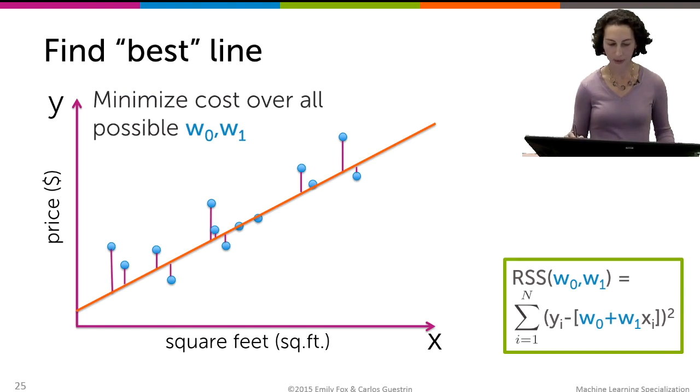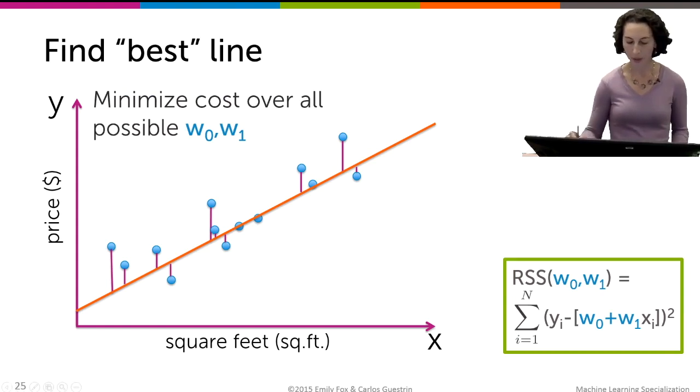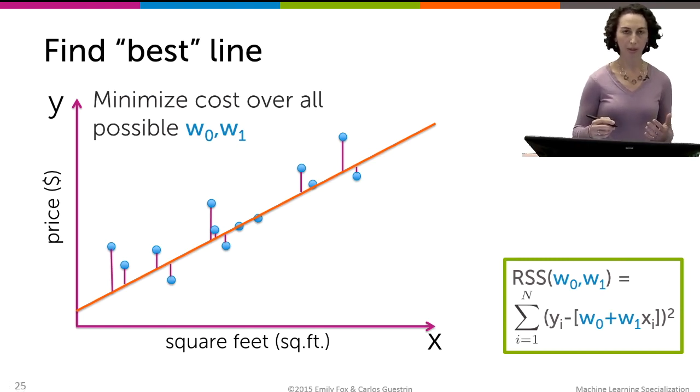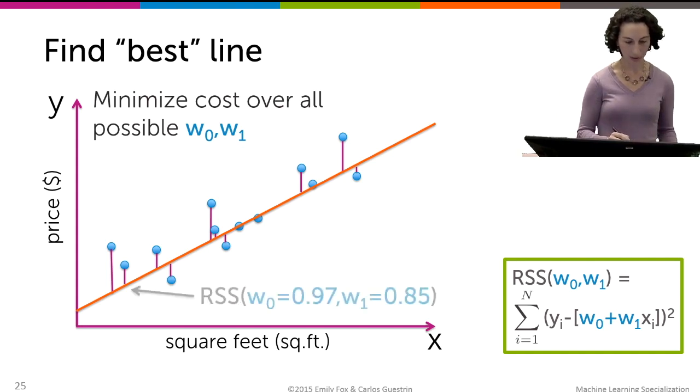Okay, so now that we have this notation, let's talk about how we think about finding the best line. So we have this function that if you give me any w0 and w1, it defines a specific cost. So for example, this line, let's say the intercept was 0.97 and the slope was 0.85. Well, that results in some RSS.